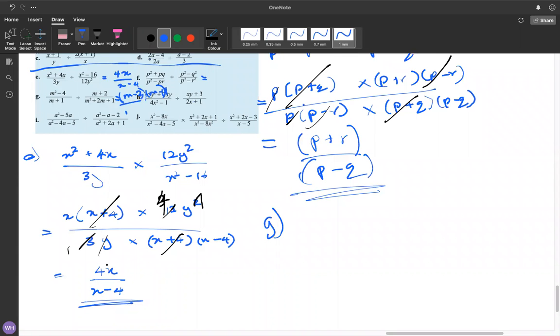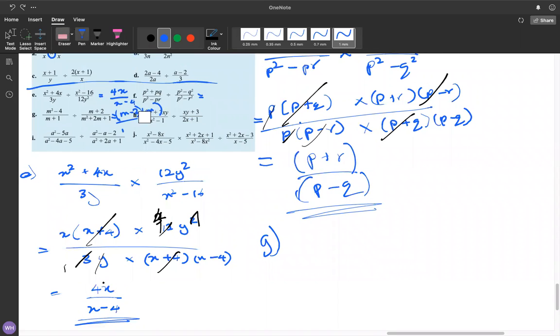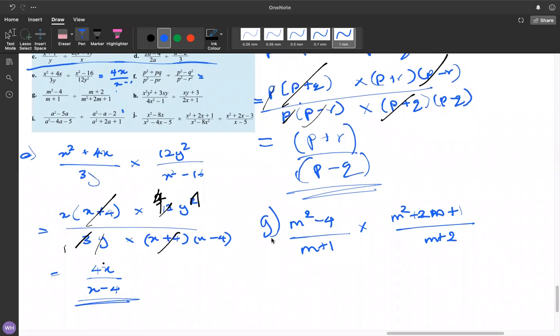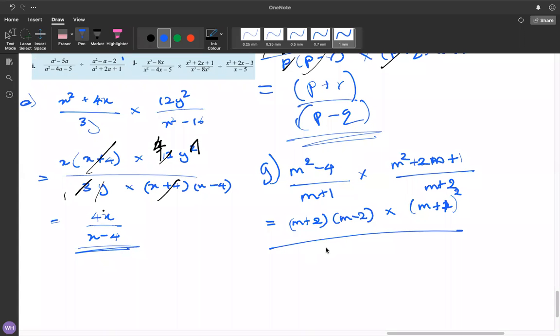Okay, let's check whether it is correct or wrong. Let us erase this, otherwise I can't see this. Yes, G. m squared minus 4 divided by m plus 1 times m squared plus 2m plus 1 divided by m plus 2. Here this comes as m plus 2, right? m minus 2 times, this is m plus 1 everything squared, and this comes as m plus 1.